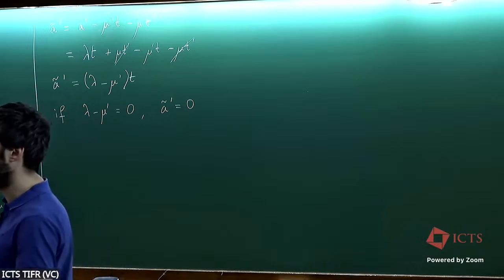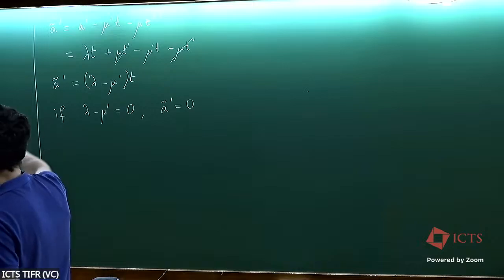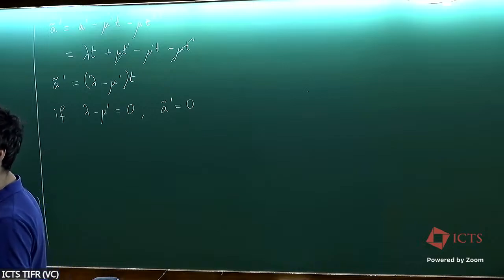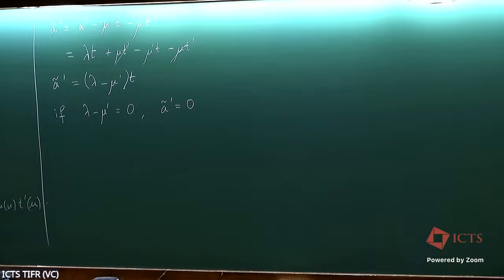You should be clear on the fact that a tilde and a do not actually have to be on the surface. When I define this, I didn't define the domain of u and v. So u and v are in some domain of the plane, but maybe v equal to 0 is not in this domain.